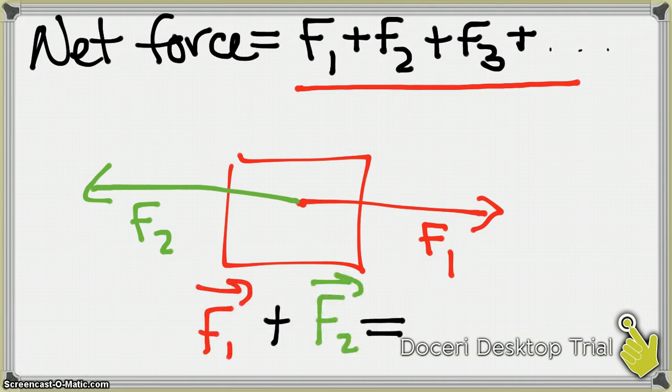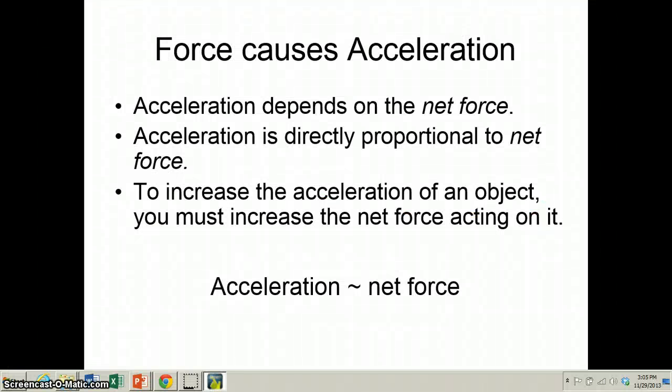Let's say F1 and F2 are equal to each other and opposite. If they're equal and opposite, then the total net force is actually 0. And if the total net force is 0, then the box does not accelerate. There is no acceleration. Let's say, however, that F1 is a little greater than F2.